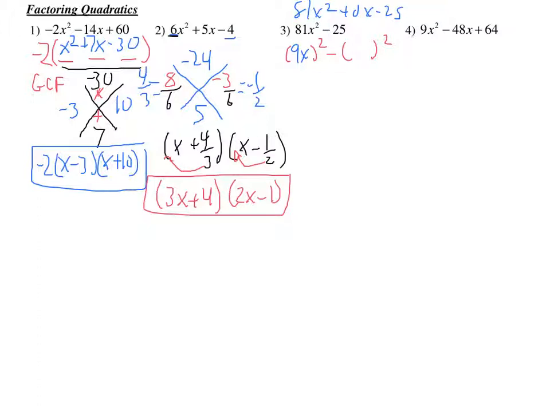And what squared gives you 25? 5. So if you have two squareds with a minus between, your answer's fairly quick and easy. These are very quick factoring techniques. It is simply 9x plus 5 times 9x minus 5. Done.